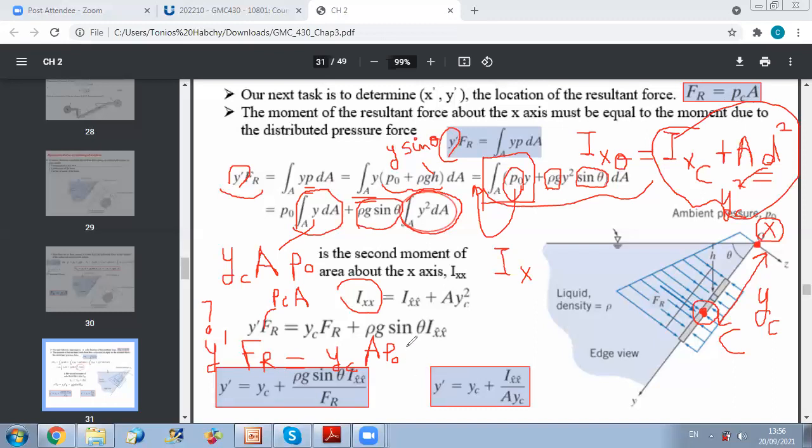So I will have plus rho g sine theta times Ixx, where x passing by O can be replaced by, first, the inertia about the x-axis passing by the centroid. And I will have to add another term, which is plus rho g sine theta times yC times A times yC squared.